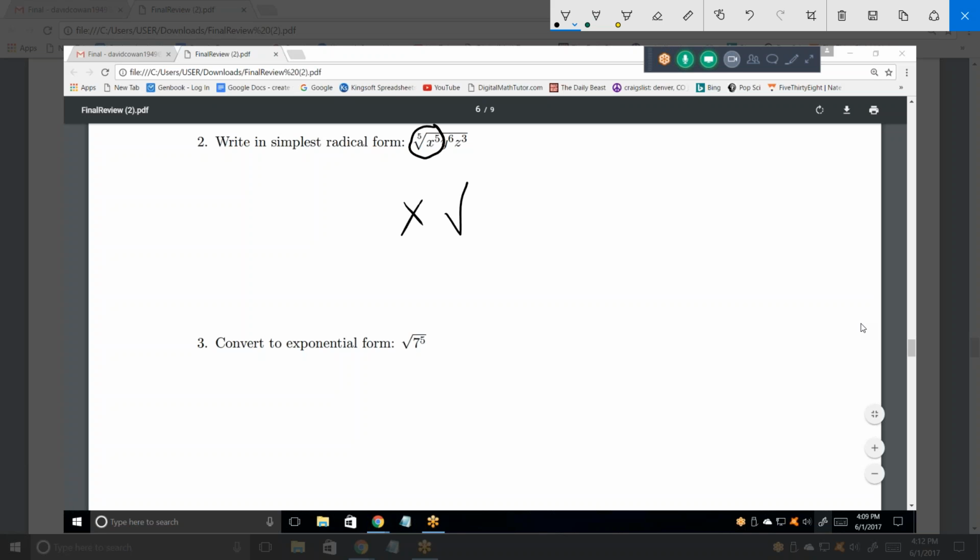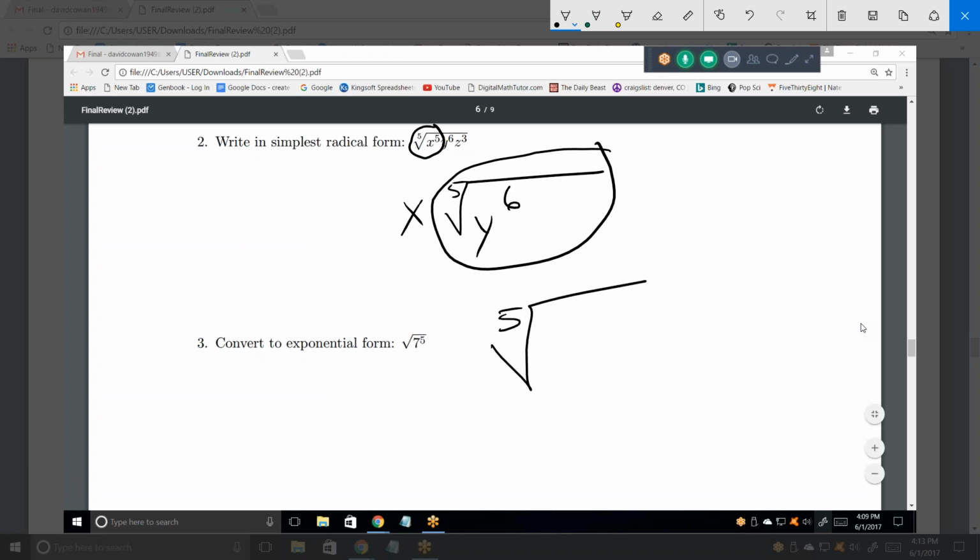And now I have inside the radical sign the 5th root of y to the 6th. I still have this z to the 3rd, but the way to handle these is always variable by variable. So what is this equal to?